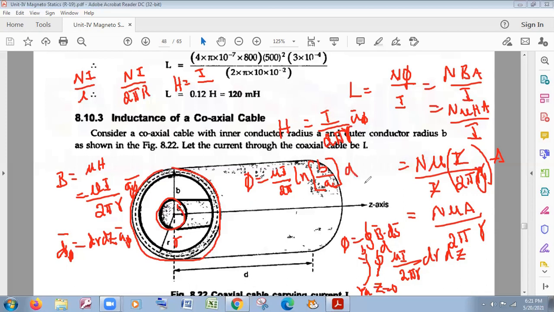So phi is mu I d by 2 pi into ln of b by a. Substituting, where L is equal to n into phi, L is mu I by 2 pi ln of b by a into d, whole divided by I. So I gets cancelled.